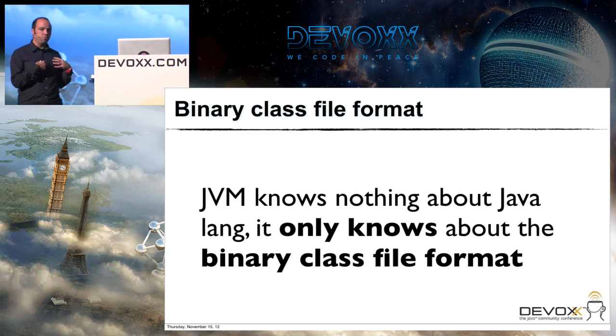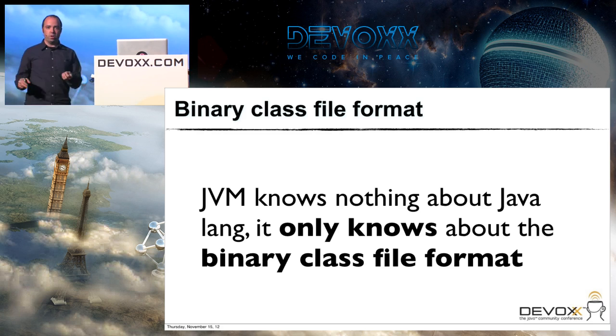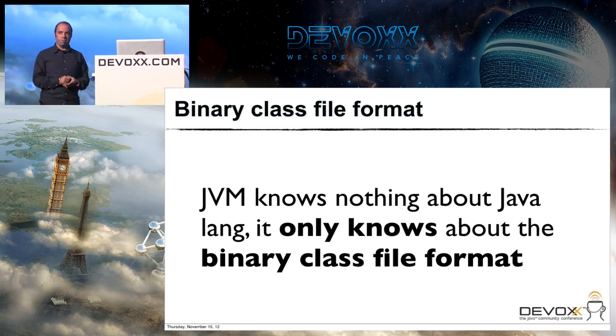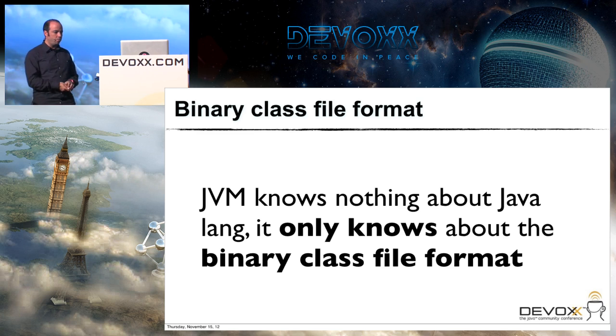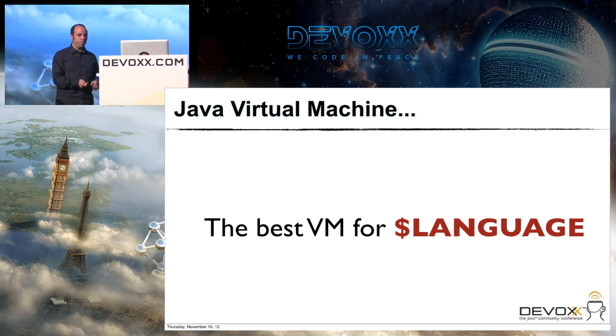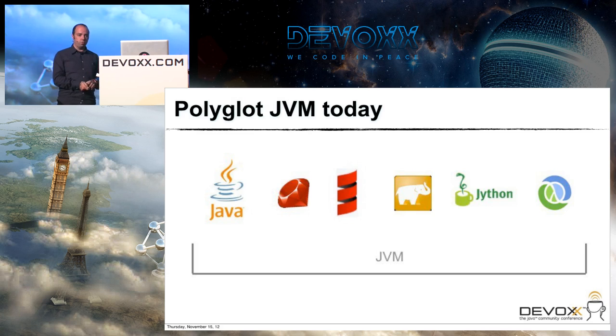So as long as you have a language which you can convert to it, you'll be able to run it on the JVM. Obviously, back in the early 2000s, it was just Java, but as we'll see, things have moved on. So I think the JVM is literally the best virtual machine out there for running any language that you want. Which languages do we have these days?